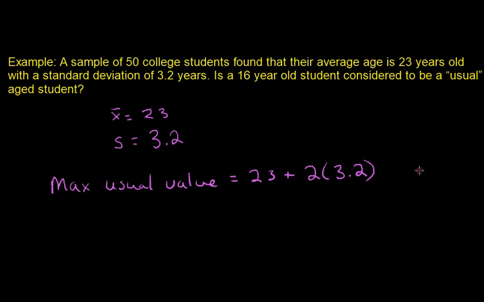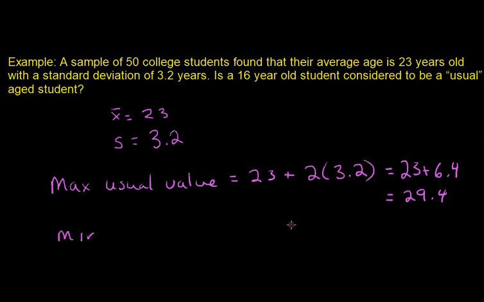The mean plus 2 standard deviations. So that would be 23 plus 6.4, which is 29.4.